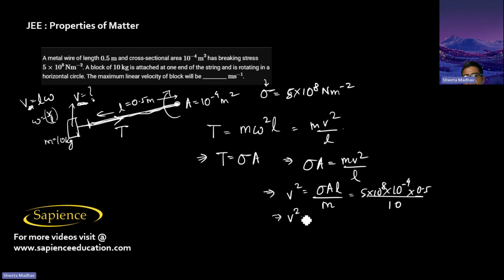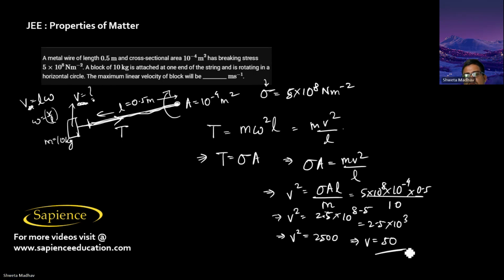So V square will be 2.5 into 10 power 3, or I can say V square will be equal to 2500. That means V will be equal to 50. So the maximum linear velocity of the block can be 50 meter per second. So 50 is the answer.